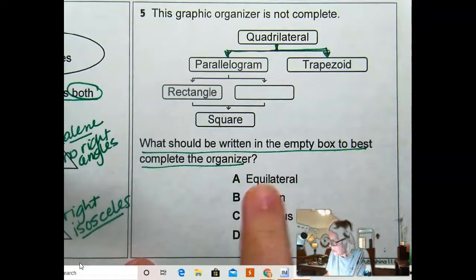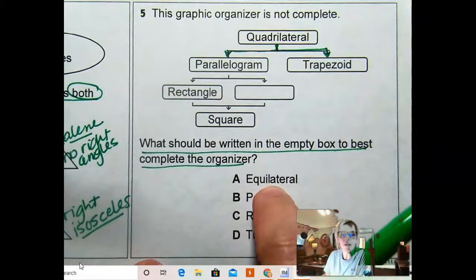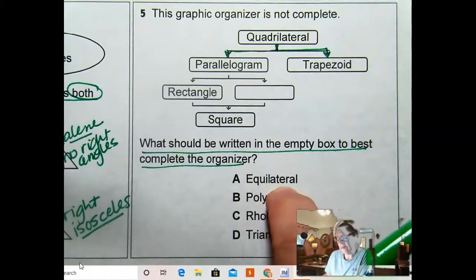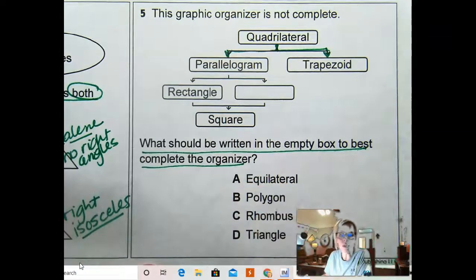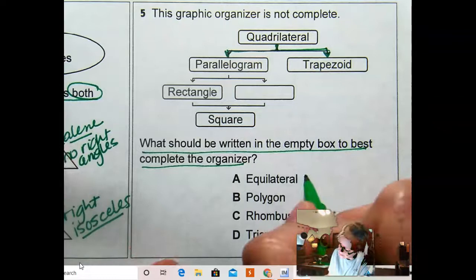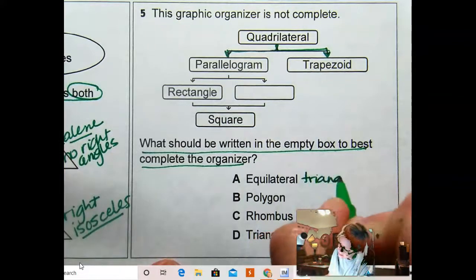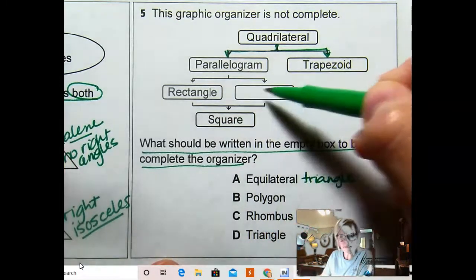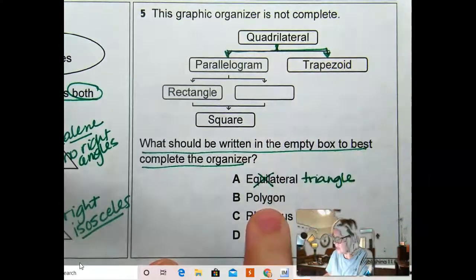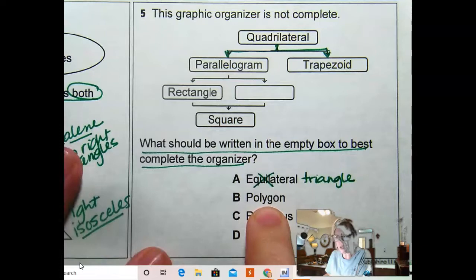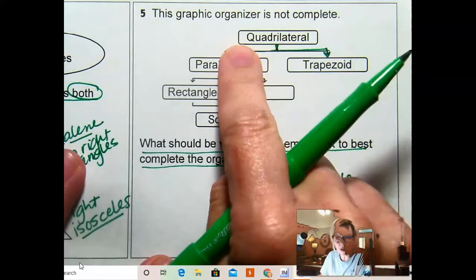Okay, so let's see, equilateral. Well, when we think of equilateral, it does mean equal sides. Honestly, a square does have equal sides. But when we think of the word equilateral, we think of triangle. So is that going to belong here? I don't think so. Now again, just like we did in number 3, polygon is not a type of quadrilateral.